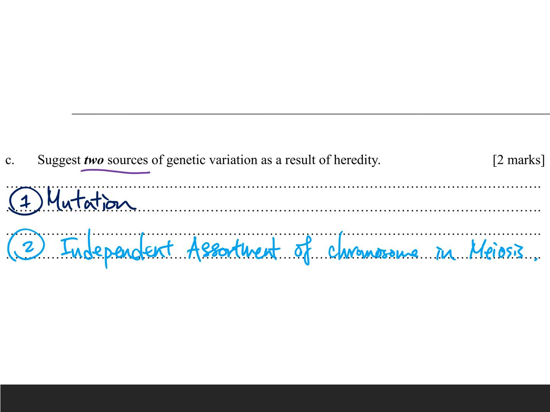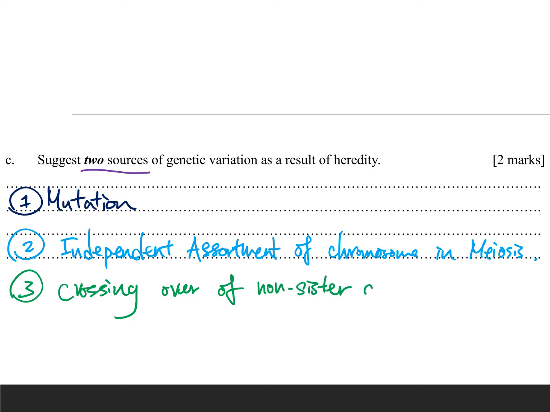Another possible answer is there is crossing over in meiosis as well. So you can tell me the crossing over of the non-sister chromatids of homologous chromosomes in meiosis.